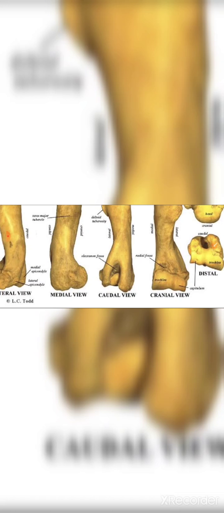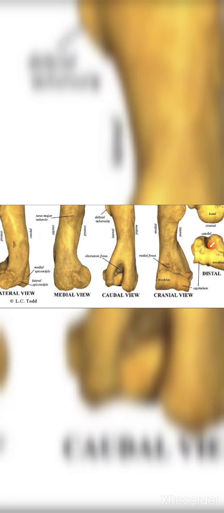and just behind and above these condyles there are two bony ridges. Those are called epicondyles. These are the epicondyles. This is the medial larger epicondyle and this is the lateral smaller epicondyle.